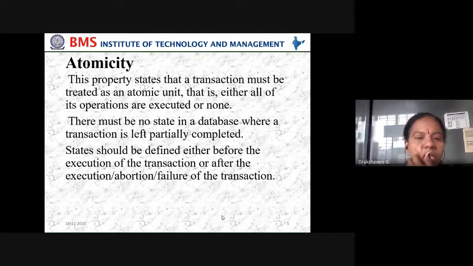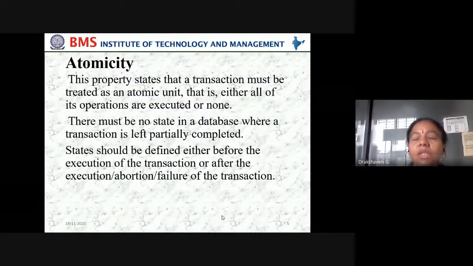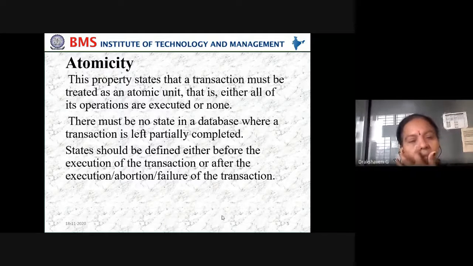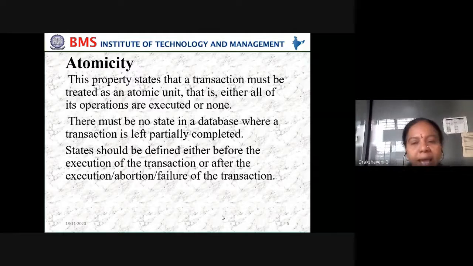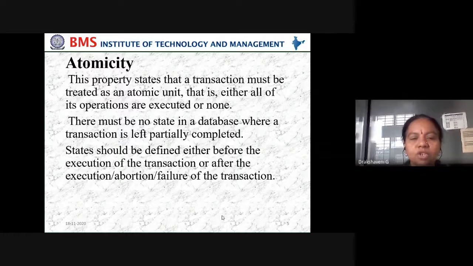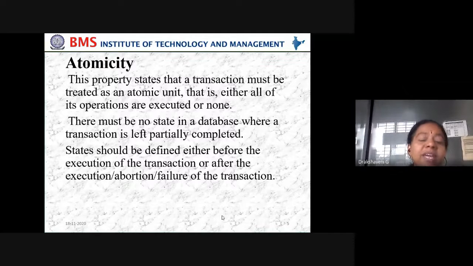We have just seen in the operating system whether it has started, whether it is running, whether it is waiting, in which state it is. So state should be defined either before the execution of the transaction, or after the execution, abortion or failure of the transaction.